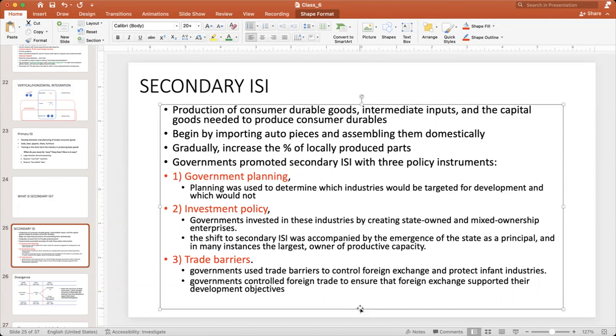The second instrument is investment policy. Once you determine the targeted sectors, governments invested in these industries by creating, and this is very important, a state-owned enterprise.